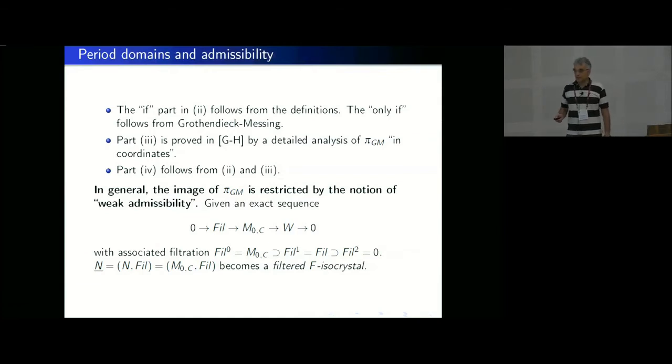Okay, given an exact sequence, and now W, I'm sorry for using the same notation, is not the Witt vectors. This W is the quotient of M0, like the Lie algebra, right?